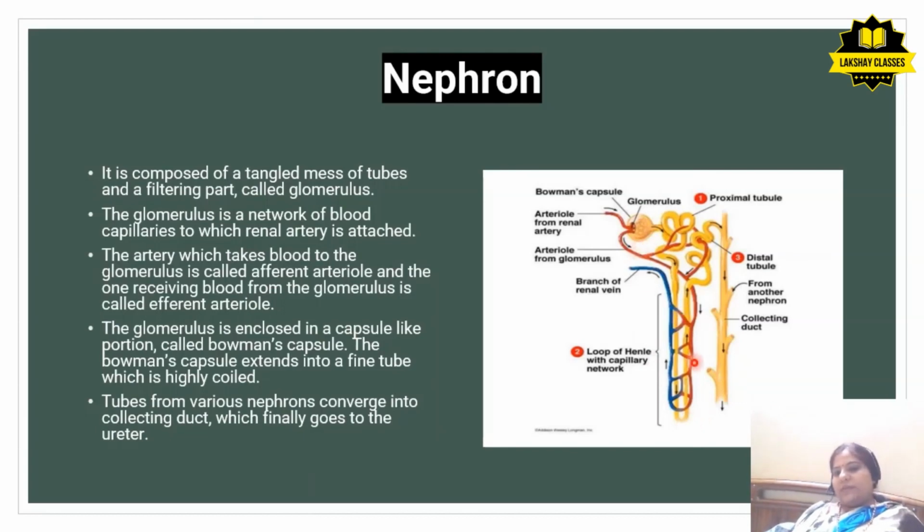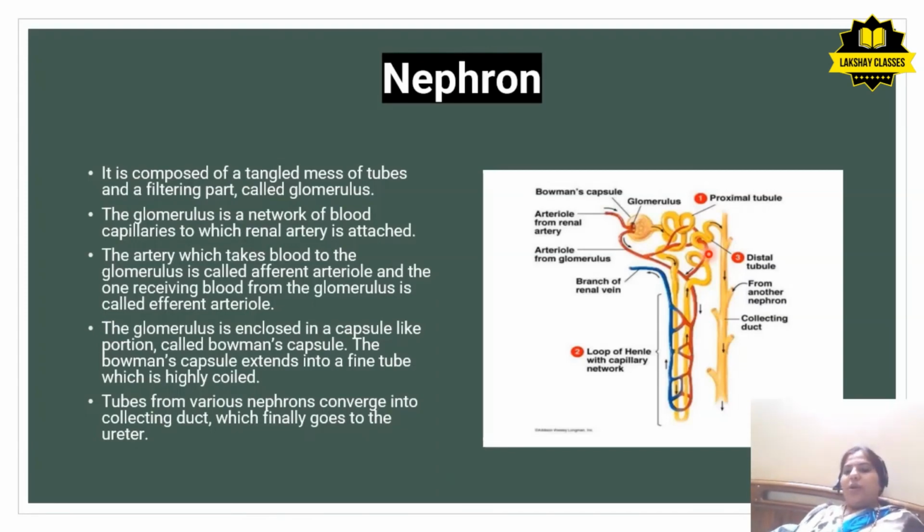Then this long tube is called the collecting duct. Apart from this, there is one portion called the PCT, that is the proximal convoluted tubule, and this is the DCT, which is called the distal convoluted tubule.